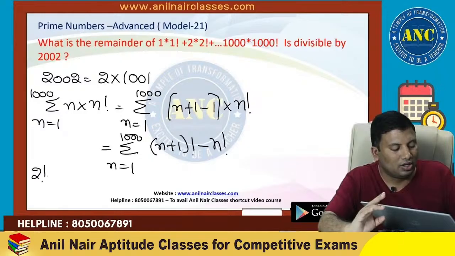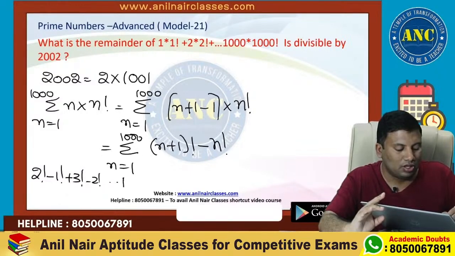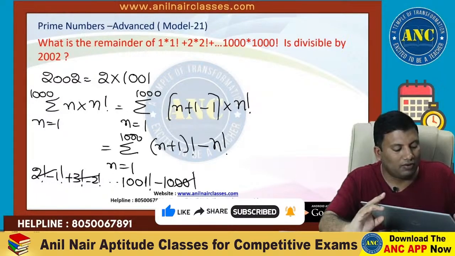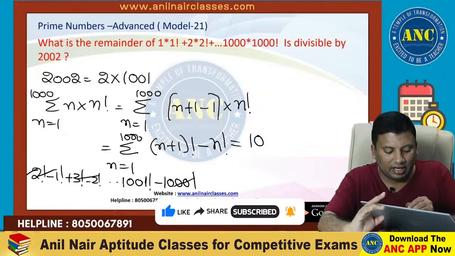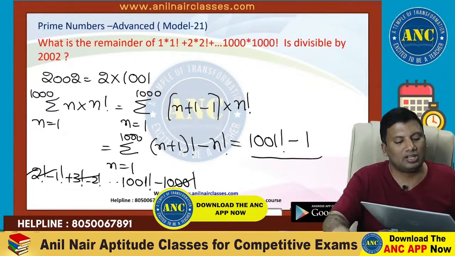That means 2 factorial minus 1 factorial, 3 factorial minus 2 factorial, up to 1001 factorial minus 1000 factorial. All will be eliminated. Finally what remains is 1001 factorial minus 1.